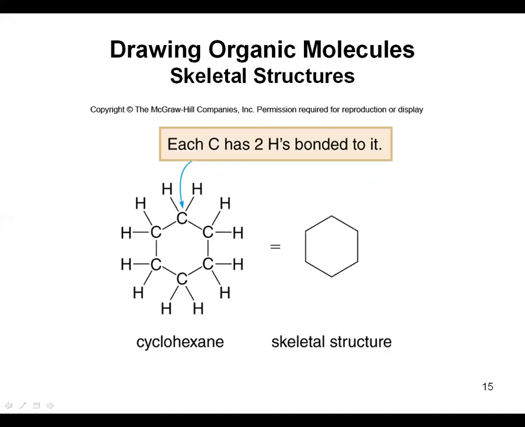So here's a couple of different ways. The left one is kind of the expanded structural formula. You could also do this over here, which is more of a line structure, where again, this guy on the right is the same thing as the guy on the left. Again, line structure on the right, just everybody drawn out on the left.